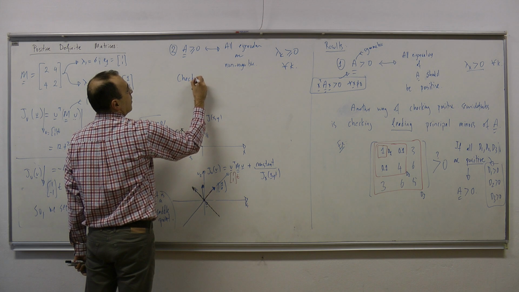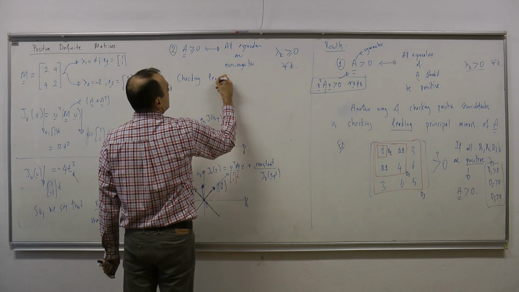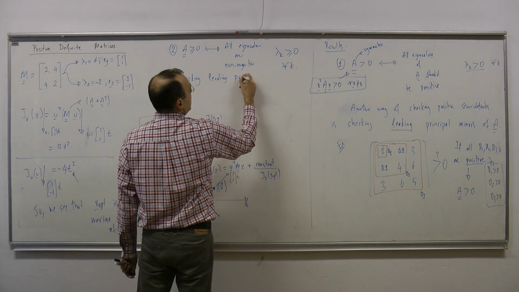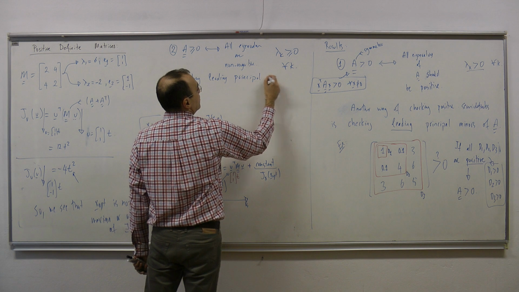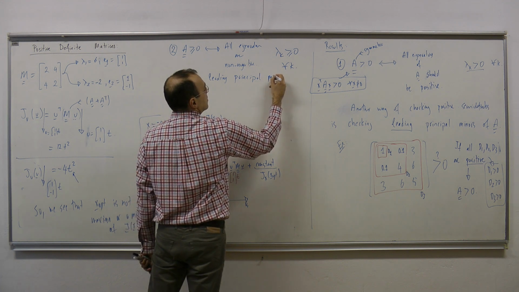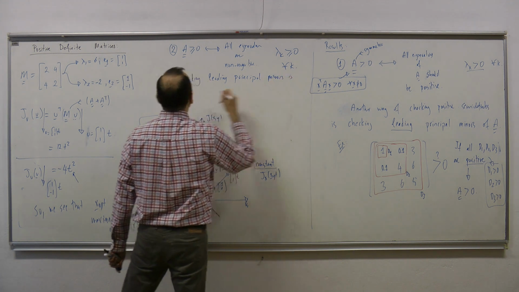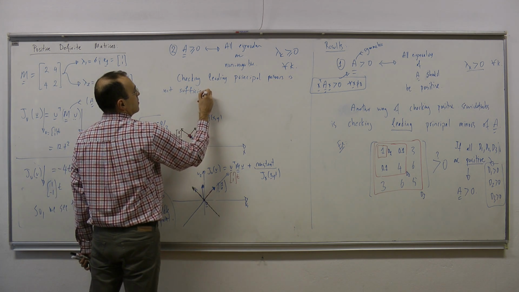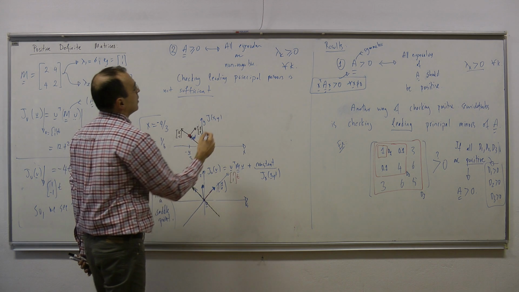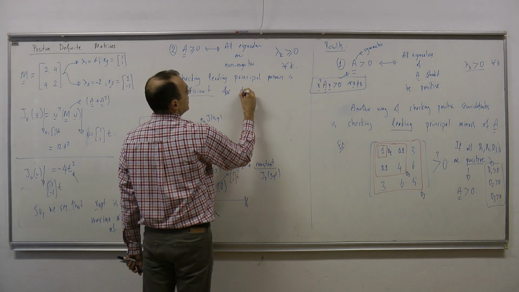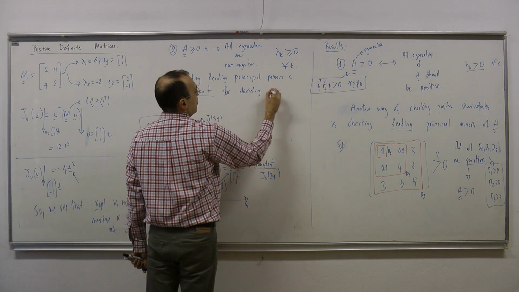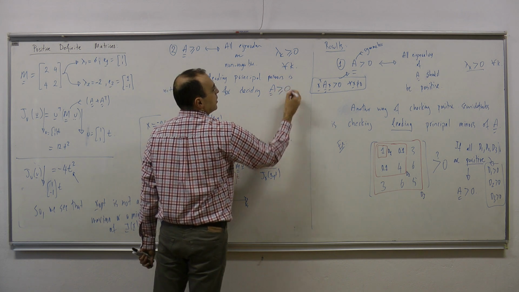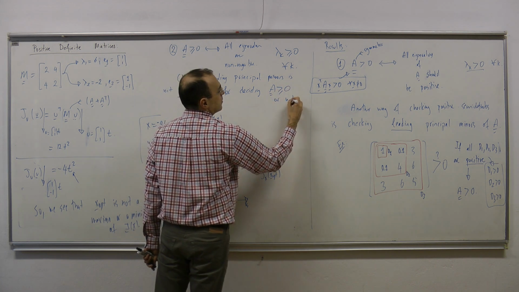Checking leading principal minors is not sufficient. So we have to do more checks for deciding whether A is greater than or equal to 0 or not.